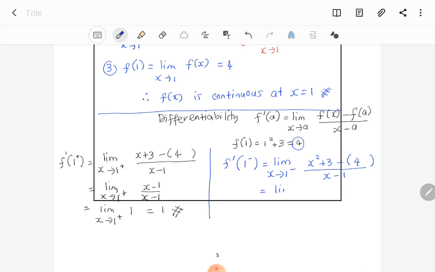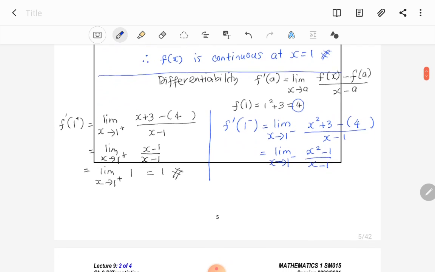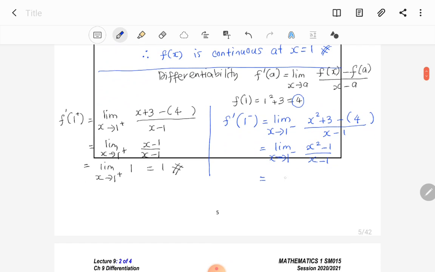So we have the limit of (x squared minus 1) over (x minus 1) as x approaches 1 negative, 1 from the left. We factorize x squared minus 1 as (x plus 1)(x minus 1) divided by x minus 1.